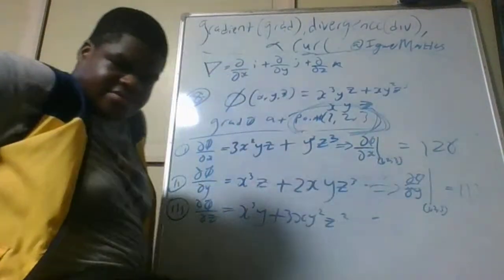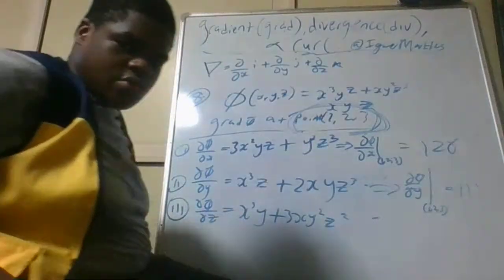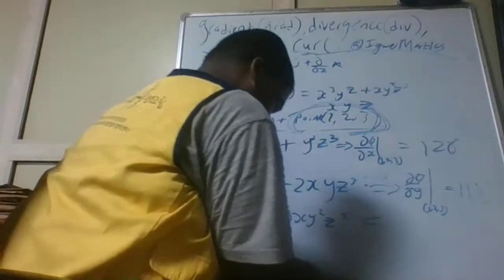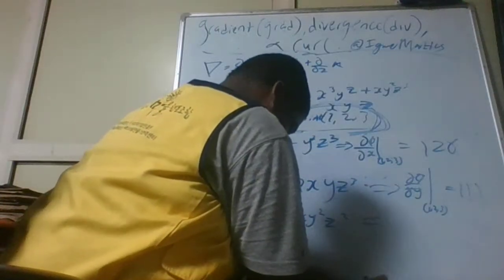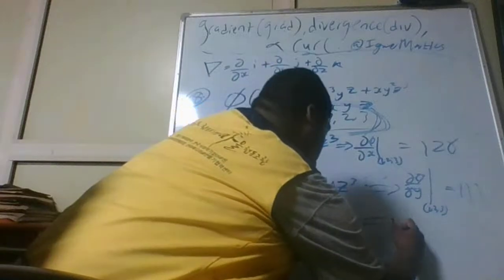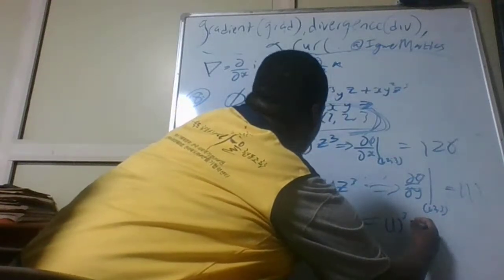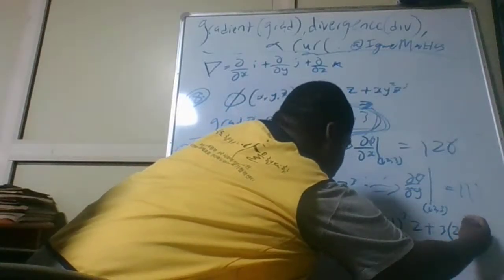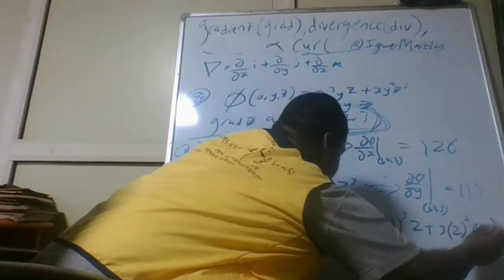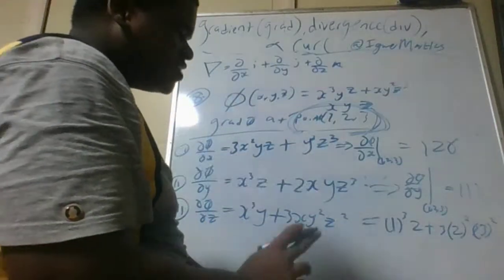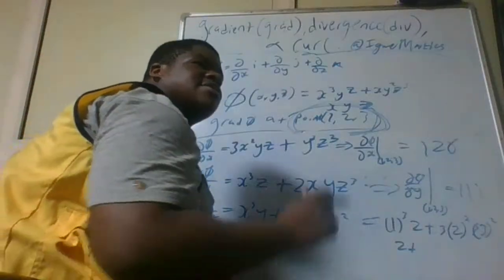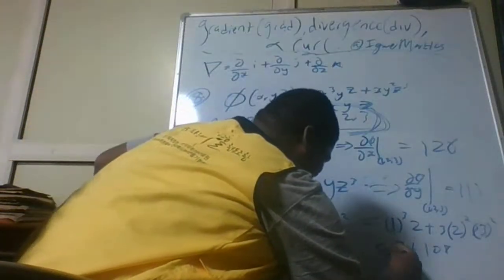For this one, this is equal to 1 to the power of 3 times y, that is 2, plus 3 times 2 squared times 3 squared. 1 to the power of 3, that's 1, times 2 times 2 plus 3 times 4 times 8 times 9, that is 108. 2 plus 108 is 110.